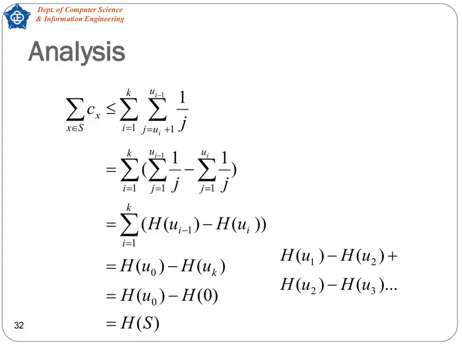When we add these differences for i equals 1 to k, all the intermediate H terms cancel out in a telescoping fashion, leaving us with H of u_0 minus H of u_k. Since u_0 equals the size of S and u_k equals 0, this simplifies to H of the size of S. In other words, the total cost is at most the size-of-S-th harmonic number, H of |S|.